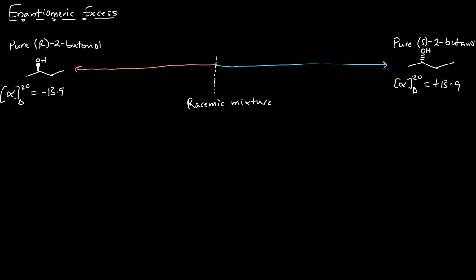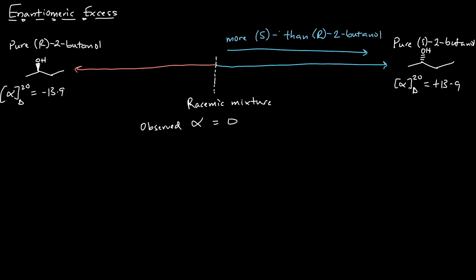In the middle of this spectrum, where you have an equal amount of R and S in your sample, so that's your racemic mixture, your observed rotation is going to be equal to 0. So there will be no rotating of plane polarized light.